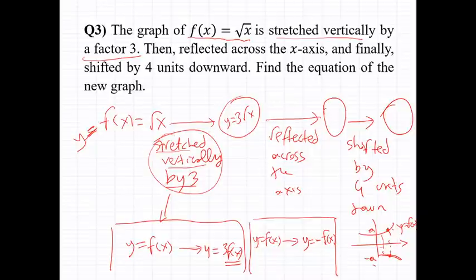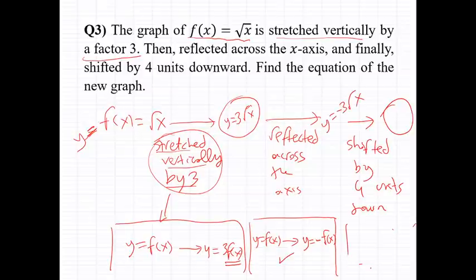So all the y values of f of x become minus f of x. So the x will not change, but y will change to negative. This is the reflection through the x-axis. So 3 square root of x becomes minus 3 square root of x. So this becomes y equal to negative 3 square root of x.